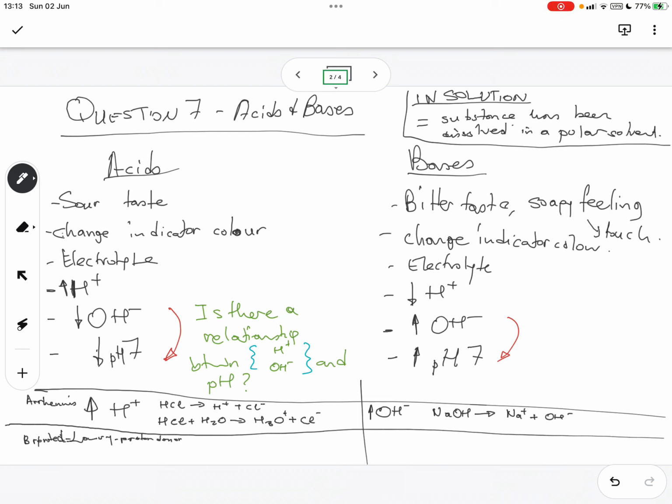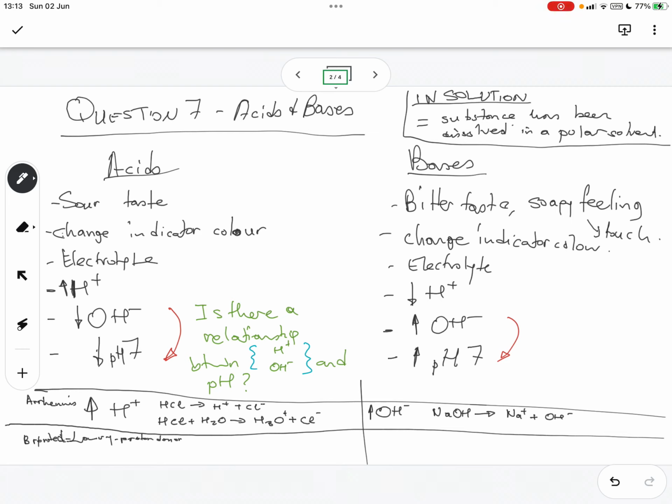And you can apply that with, let's say, an ammonium ion. Once you mix it with water, it becomes H3O plus and ammonia. And then a base is a proton acceptor. Because it's a proton acceptor, its goal is to combine with the proton to give you H2O.